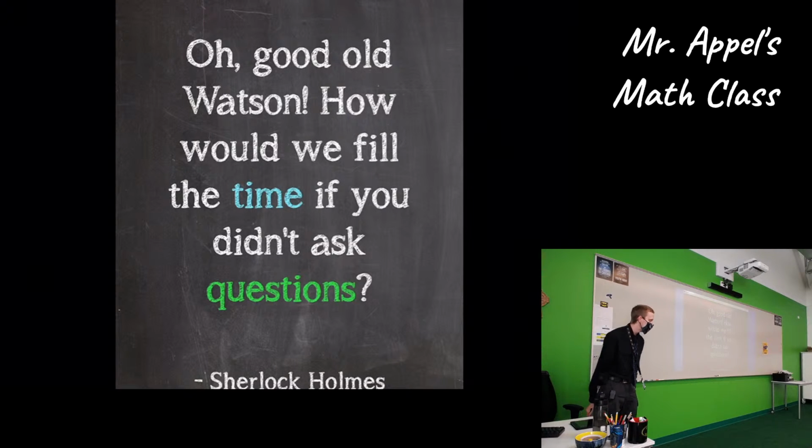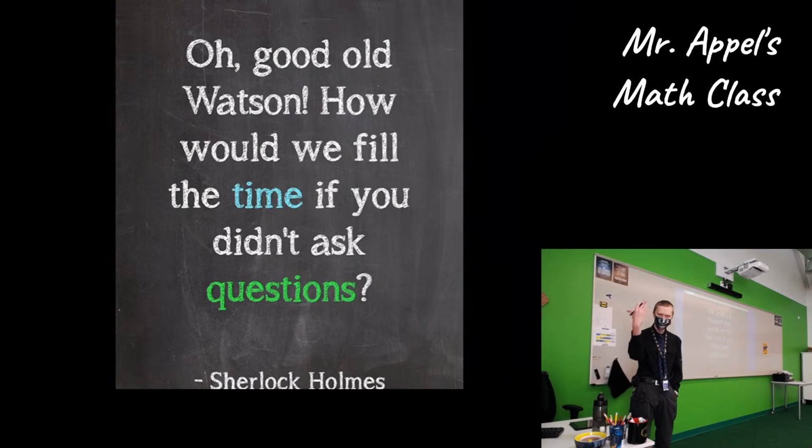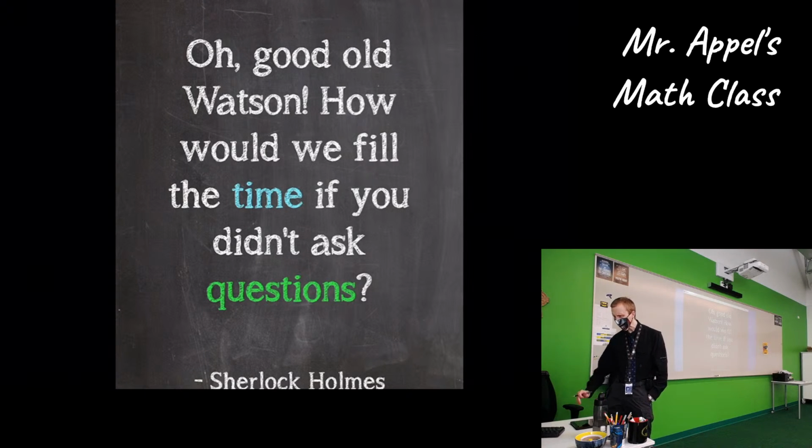Today is going to be pretty simple and straightforward. We're going to go over the answers to yesterday's exercises. I've got a short quiz for you over these concepts, and then the rest of the day will be yours to work on this week's homework. Okay?